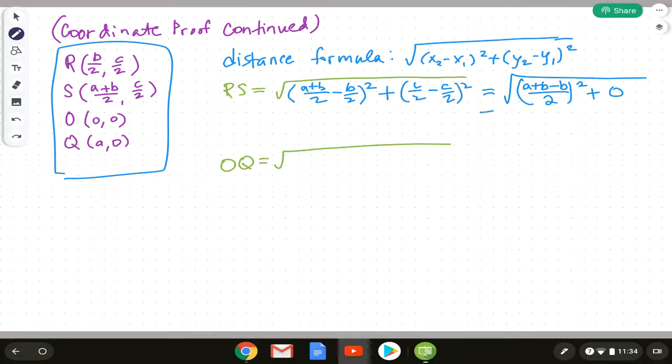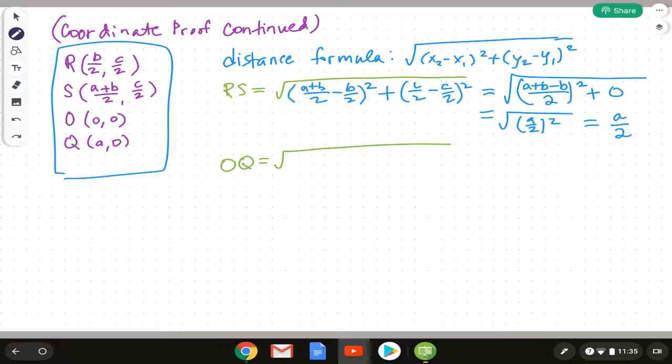So this is going to give me a over 2 squared plus 0. If I take the square root of something that's squared, it just gets rid of the squared, and I'm left with a over 2. If you had squared it underneath first and gotten a squared over 4, and then took the square root of top and bottom, you'd still get a over 2.